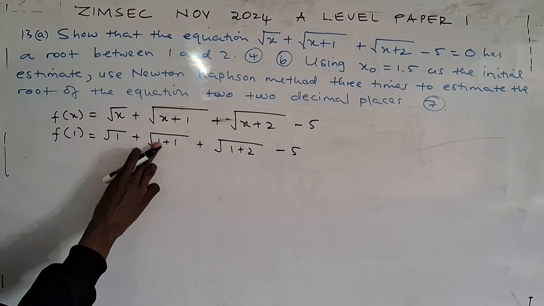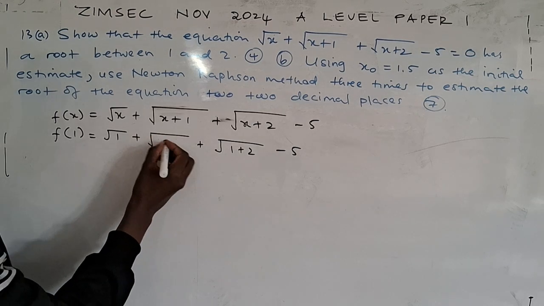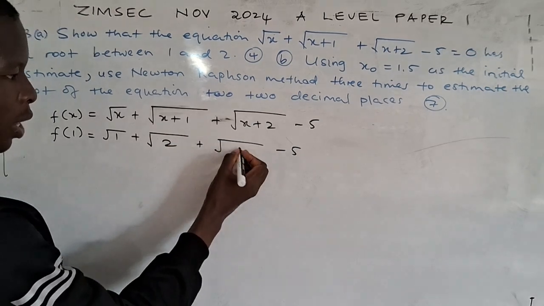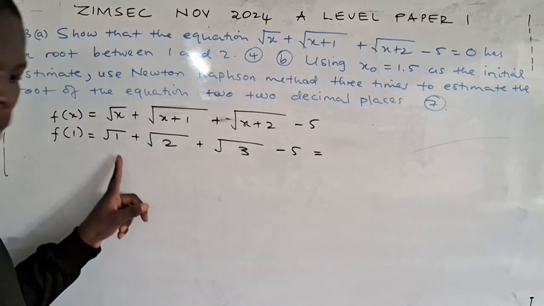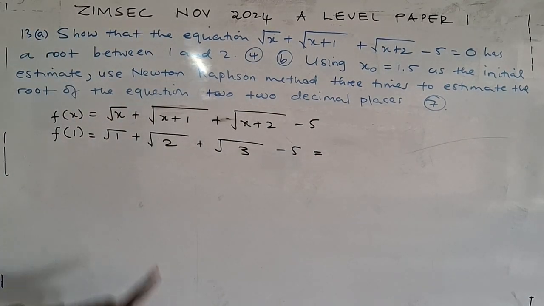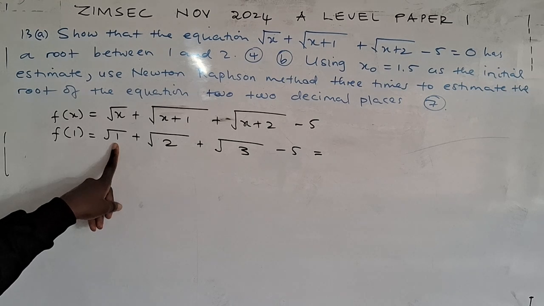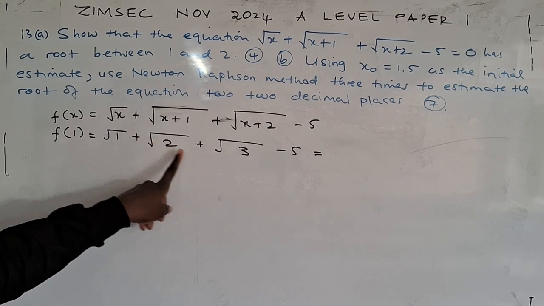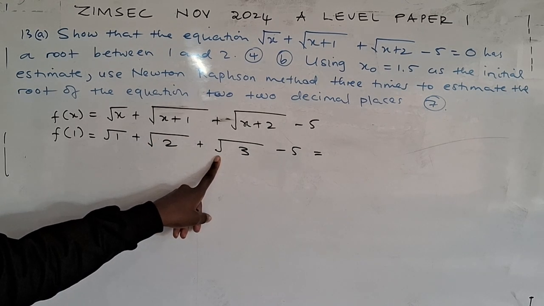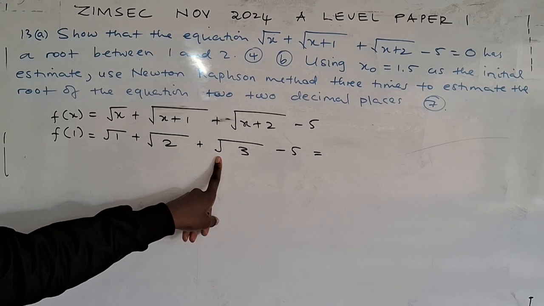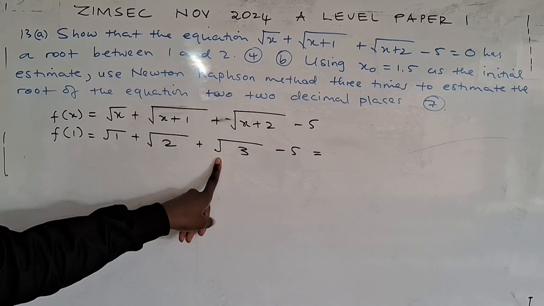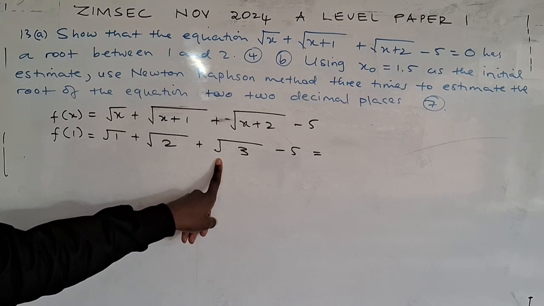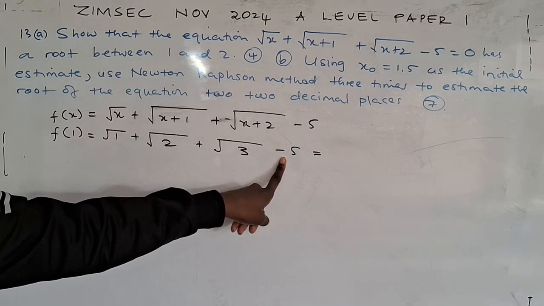Now 1 plus 1, what is the answer? This is nothing but 2. 1 plus 2, what is the answer? This is nothing but 3. Which is equal to the square root of 1 is 1 plus the square root of 2 plus the square root of 3, then minus 5.